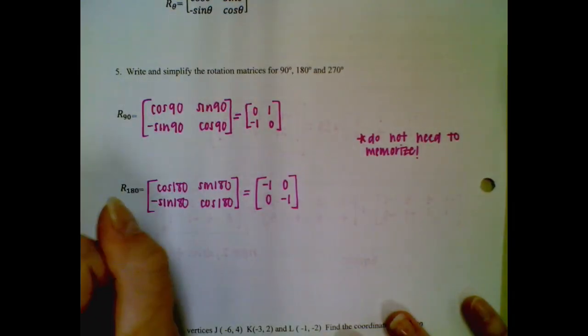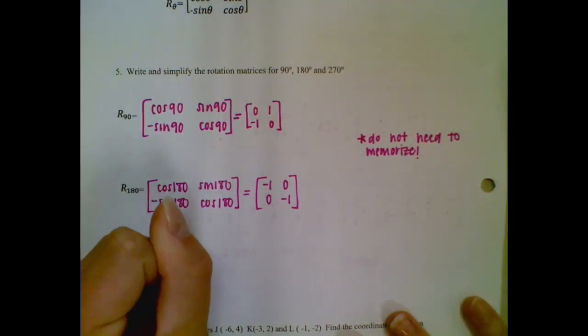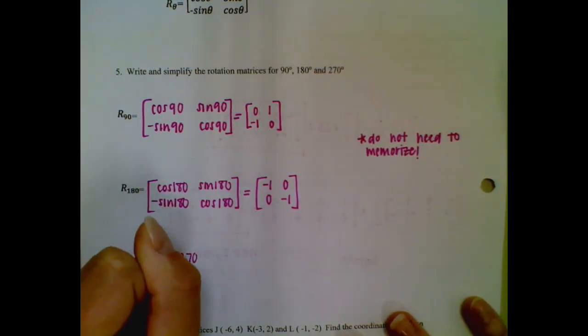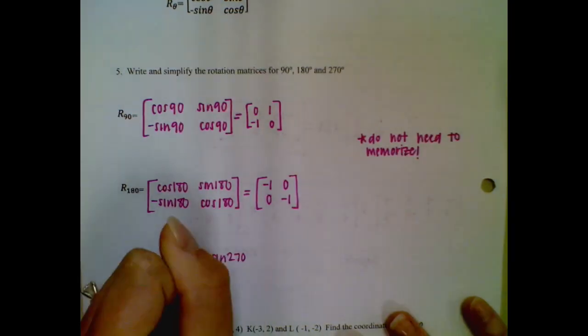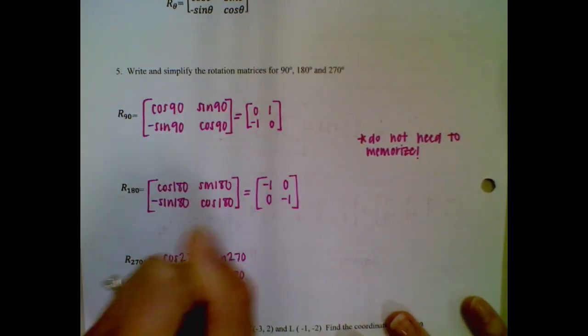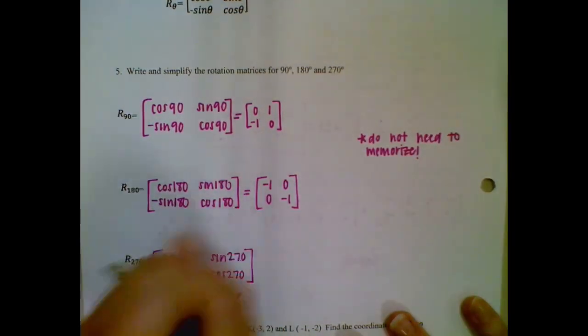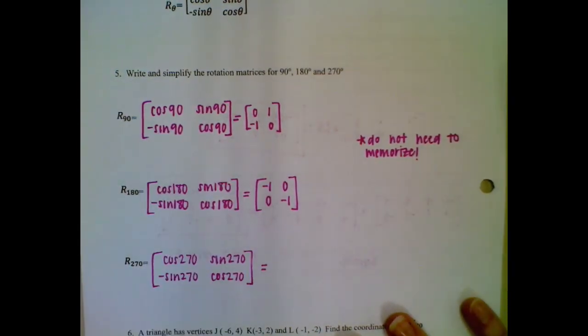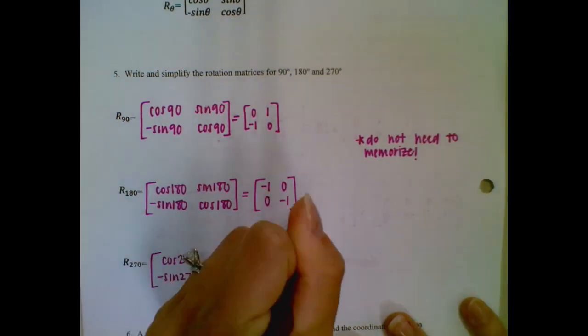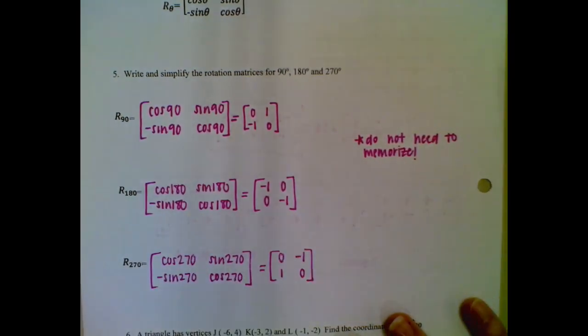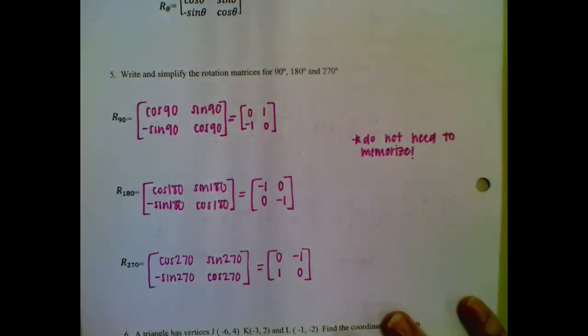And 270. Set up that guy. All right, cosine of 270, that's 0. Sine 270 is negative 1. Two negatives make a positive, and then we already said that's 0. Perfect. Okay.